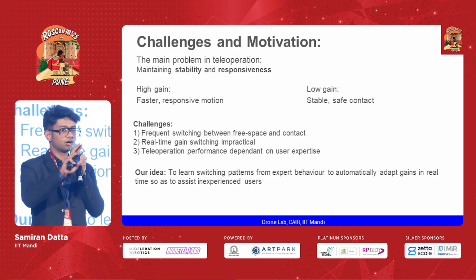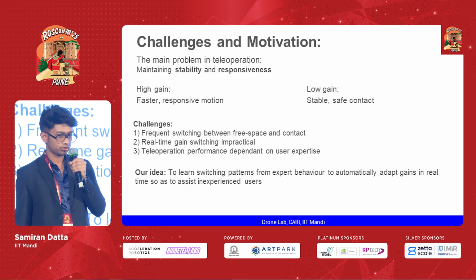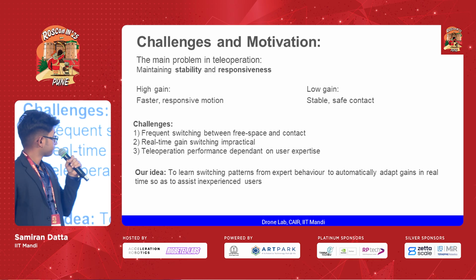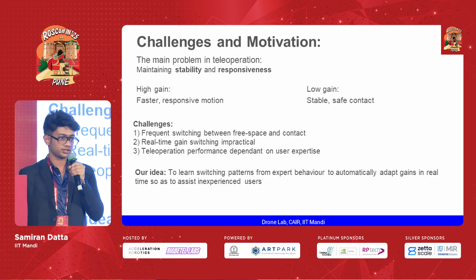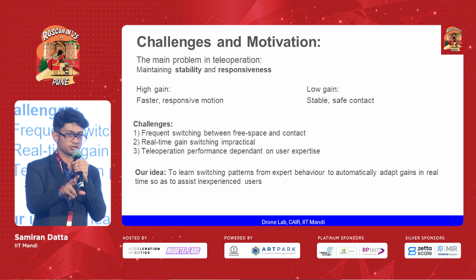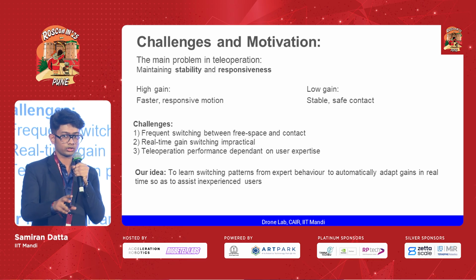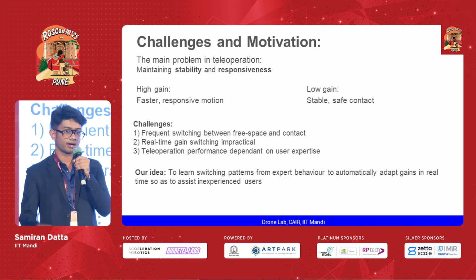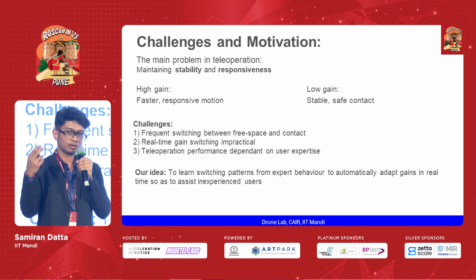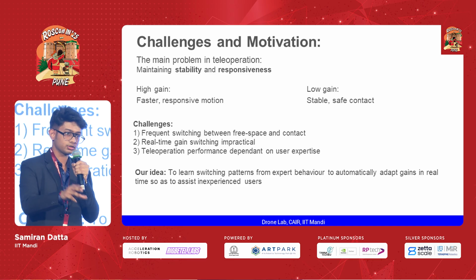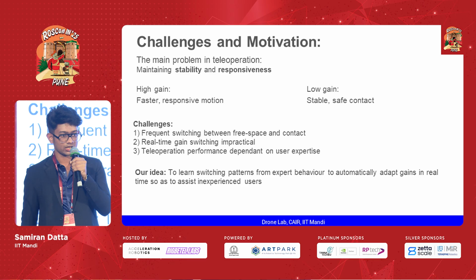I created three gain classes: one high gain, one low gain, and one intermediate in between them. I fed parameters like my position, velocity, and acceleration into an LSTM so that it can have a temporal understanding of my approach, of where I am switching the gains. It can classify the action the operator is doing into one of these three gains, and help the operator switch the gains in real time.